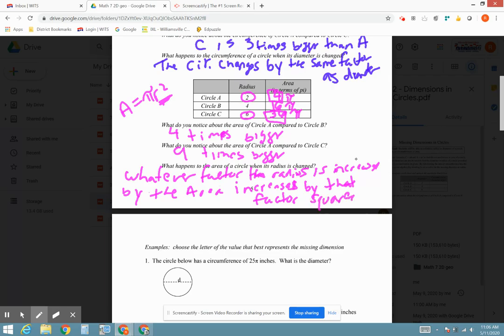So when we looked at A to B, the factor of increase was 2. It was double. So 2 squared is 4, and that's how much the area increased. Okay?